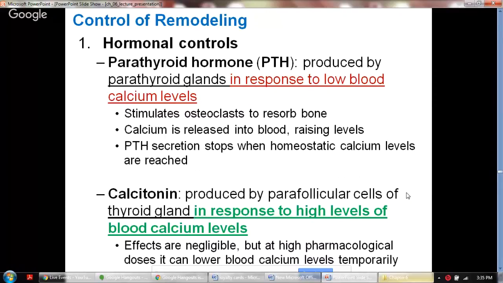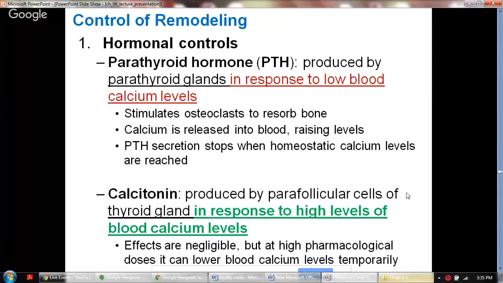So when it senses low blood calcium levels, the parathyroid hormone is secreted by the parathyroid gland, and it stimulates the osteoclasts because they destroy the bone and release calcium from the bone.